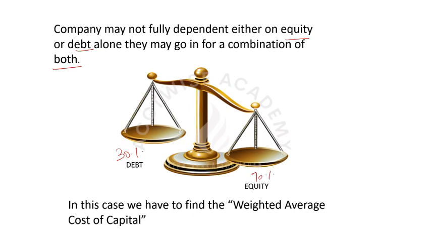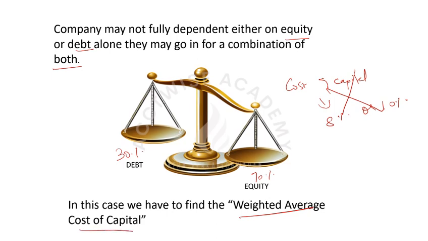Then we cannot directly say cost of capital as 8% or 10%. This is wrong. Now we have to find the weighted average cost of capital.